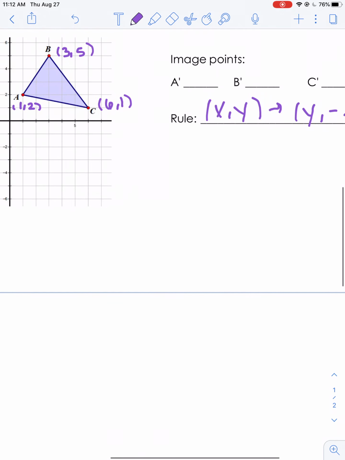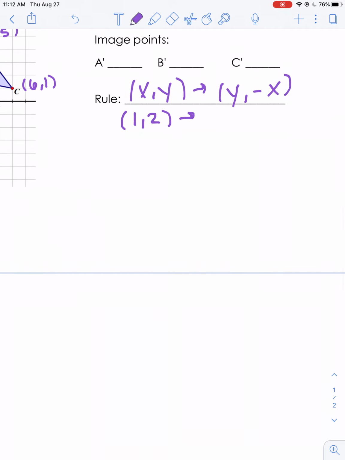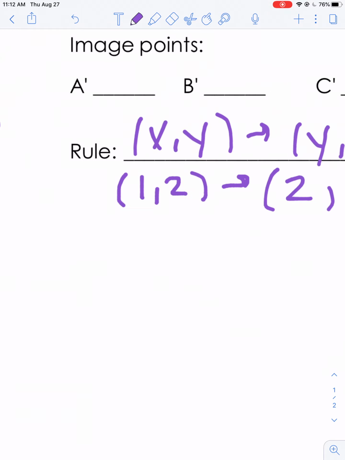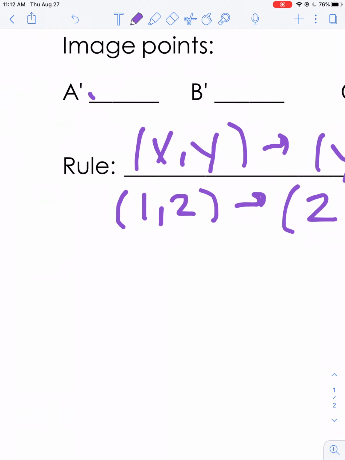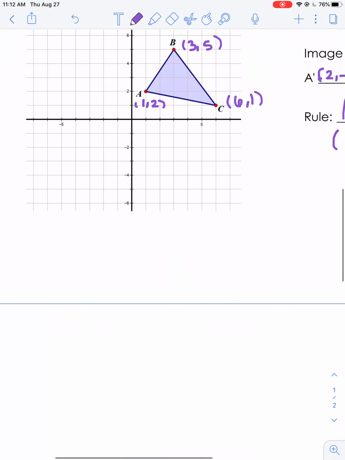So A in the pre-image is at (1, 2). When I rotate it, the y comes first, so it'll be 2, and then the x goes second, and I change the sign, so it becomes negative 1. So A prime should be at (2, negative 1). I'm going to go put that on my graph. So (2, negative 1) is right here, A prime.